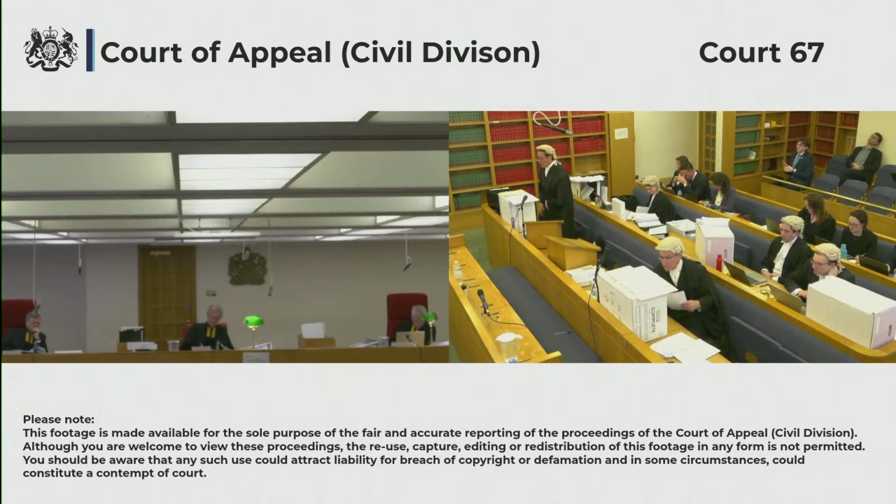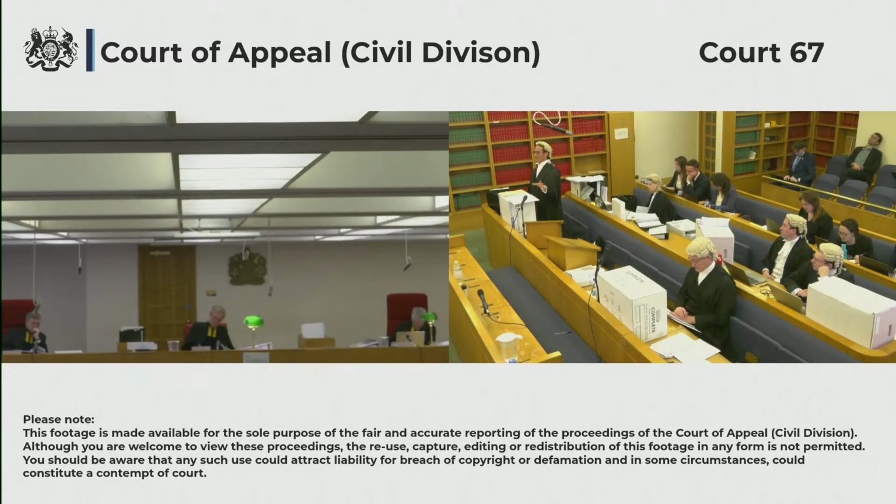But despite that concession, they say, nevertheless, if an heir has brought a claim expressly as a representative of a deceased person, then that heir is in a different position from the heir who simply sued in his or her own name.